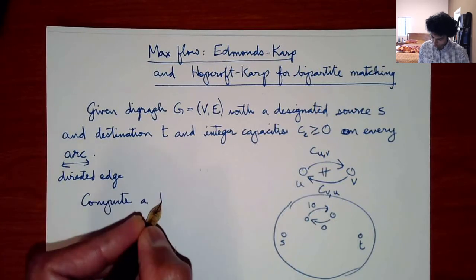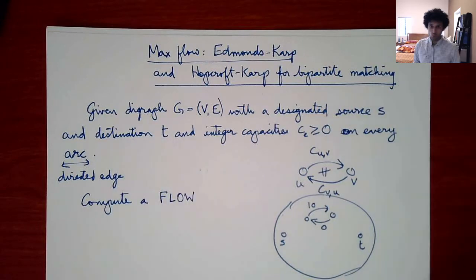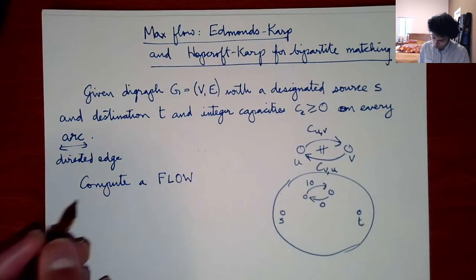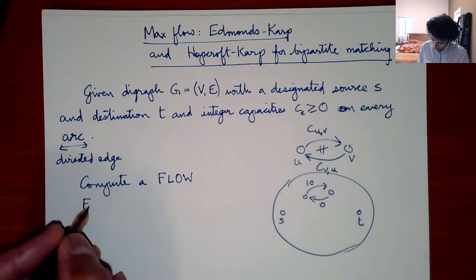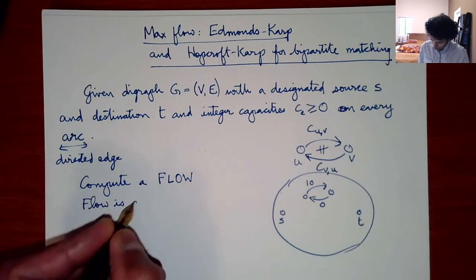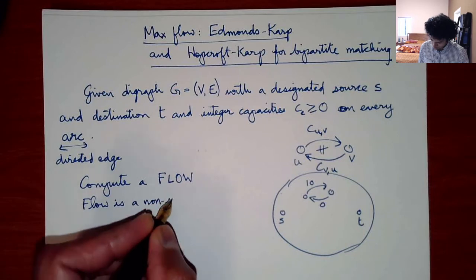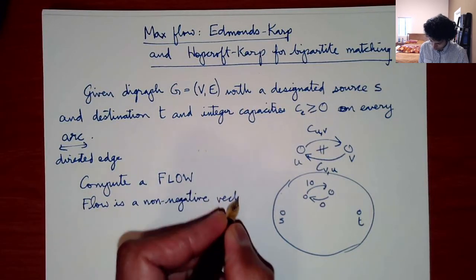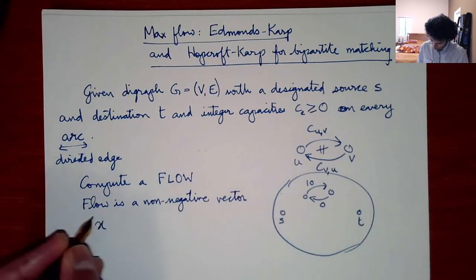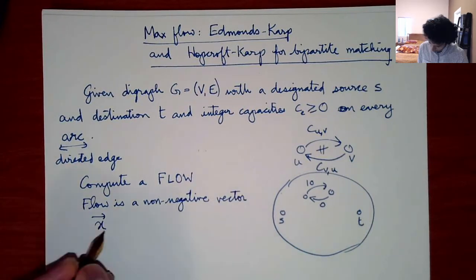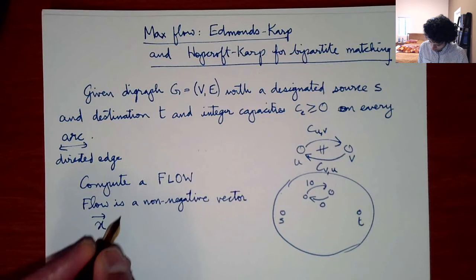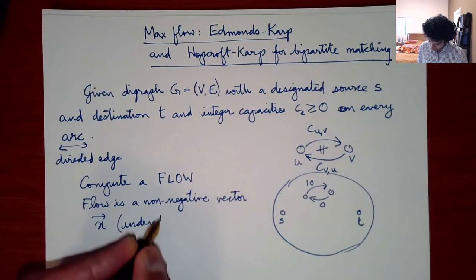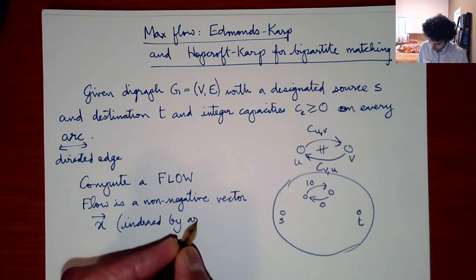a flow. So what is a flow? A flow is a non-negative vector that we'll denote as x, indexed by arcs.